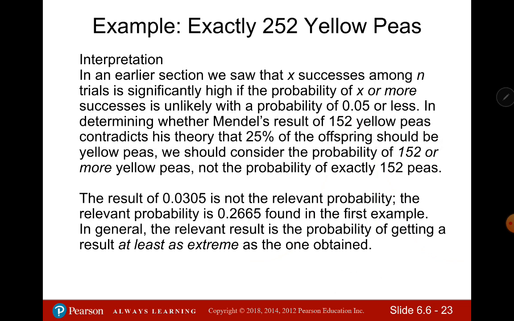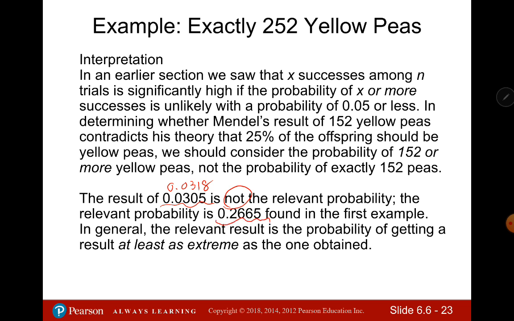So we already know this one is very low. From the technology, we will get this. But from the table, we will get this, which is not the relevant probability. The relevant probability should be this one.